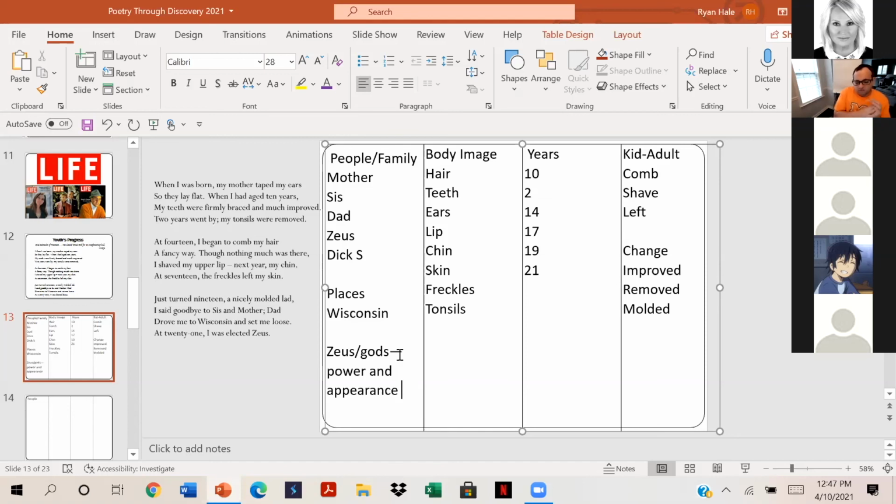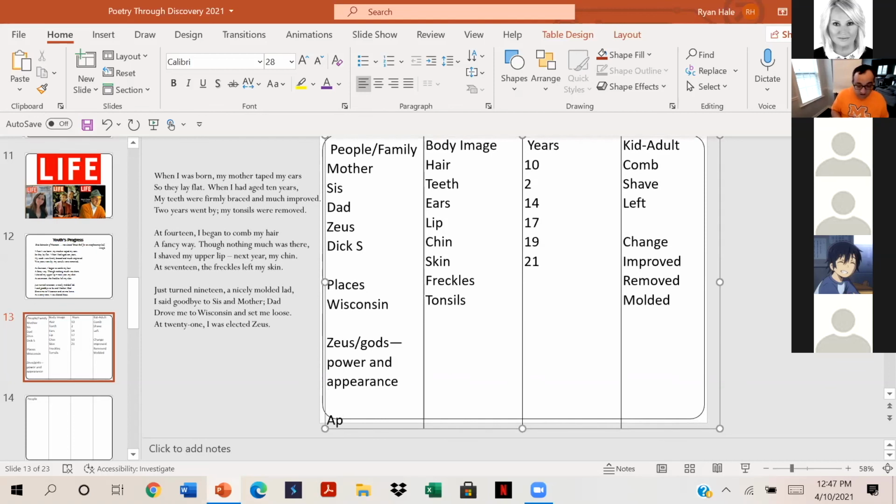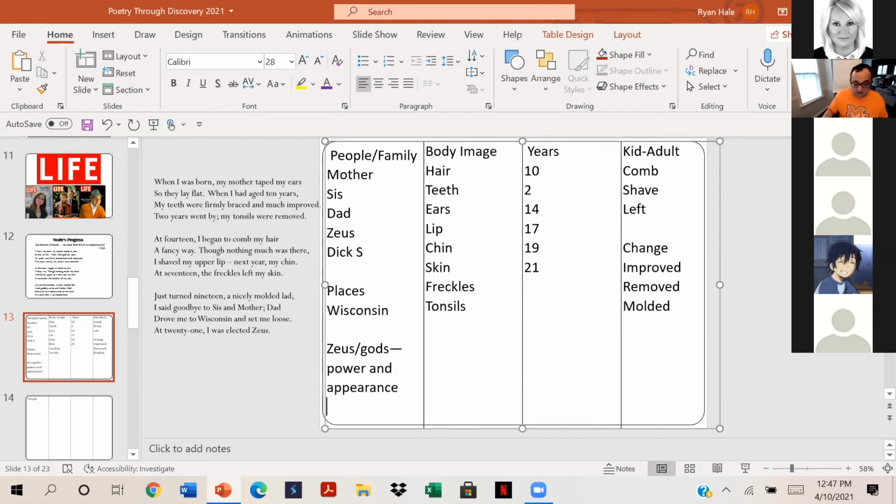It's kind of saying that his appearance is more important than anything else about him. What do you mean by anything else? Like, it doesn't really talk about his personality or experiences that he's been through. It's just talking about how he looks. I like that. Somebody in the chat has said, then his own happiness. I like that too.